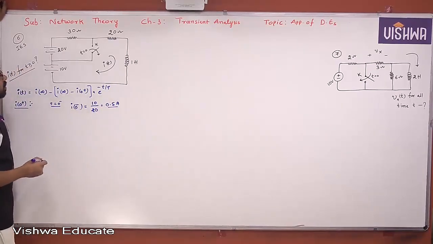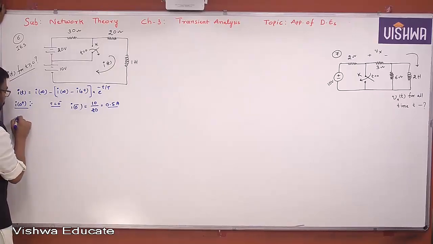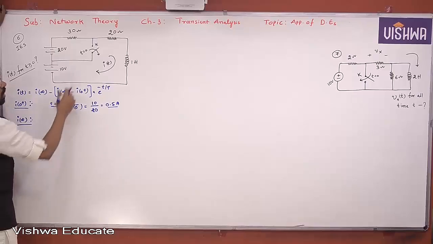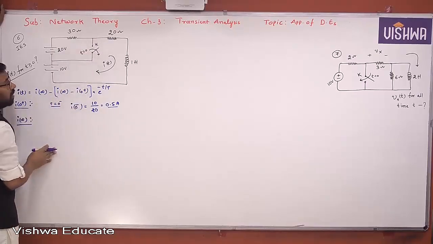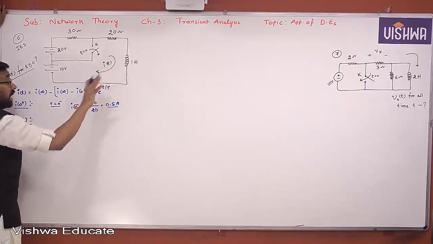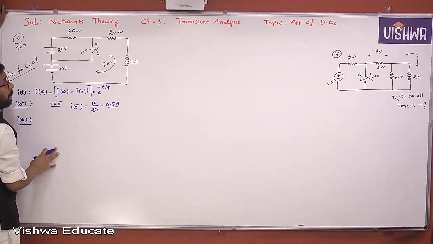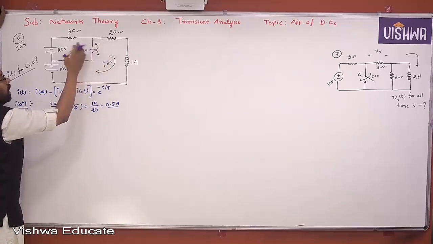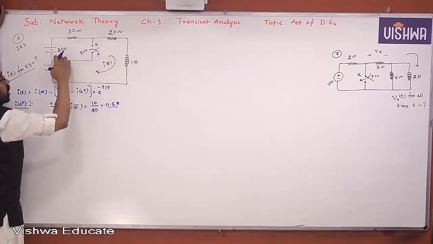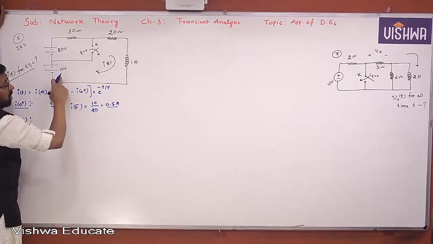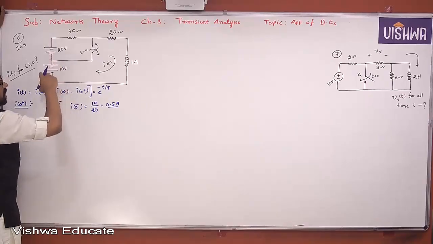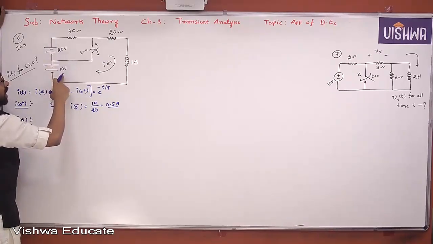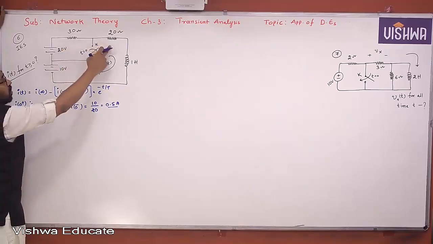Well, now I would like to go with i of infinity. What is i of infinity? Now the switch is open and the inductor acts like a short circuit. The current flowing through the inductor is the current through the 20 ohm. With the switch open, 30 and 20 are in series. The 20 and 10 volt sources are connected back to back, that means they are in series: 20 plus 10, 30 volts, divided by 30 plus 20, 50 ohm.